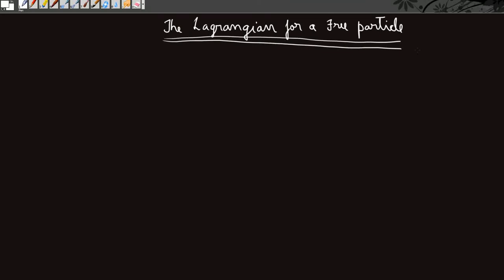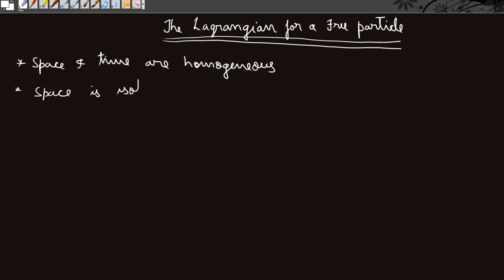In this video, we are going to concentrate on formulation of the Lagrangian for a free particle. In the previous video, we had defined something known as an inertial frame of reference with respect to which space and time are homogeneous and space is isotropic.